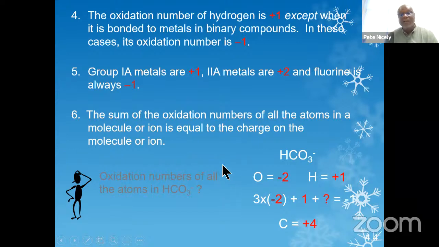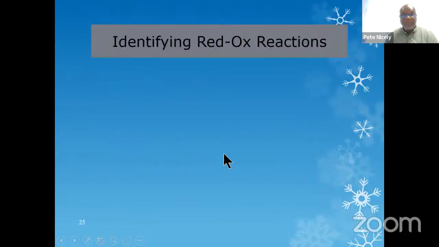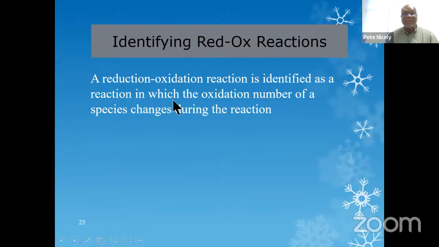All right. Okay. So with that said, let's talk about redox reactions. These are reactions where we have the actual transfer of electrons from one atom to another. So basically, as we said before, there is a transfer of electrons from one atom to another in a redox reaction.